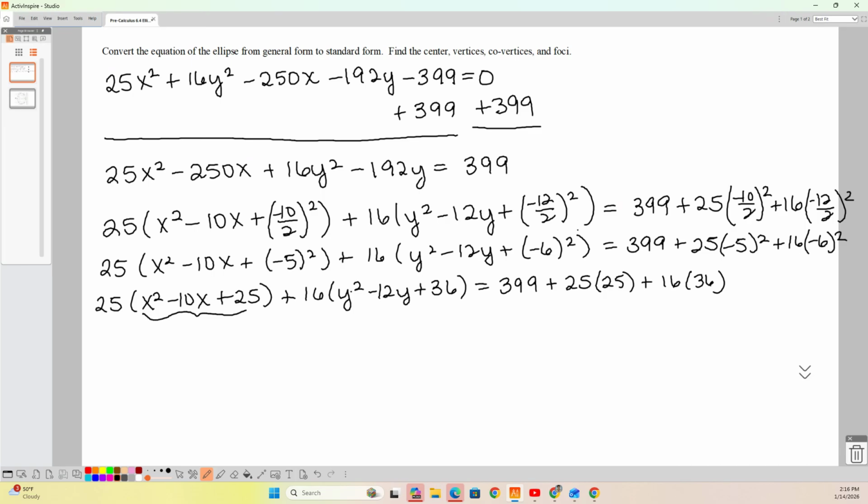Now here and here, I've created perfect square trinomials. So now I've completed the square, and I can factor x squared minus 10x plus 25 as the quantity x minus 5 squared.